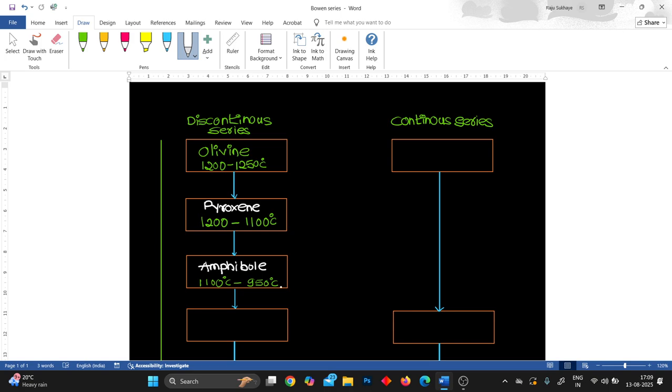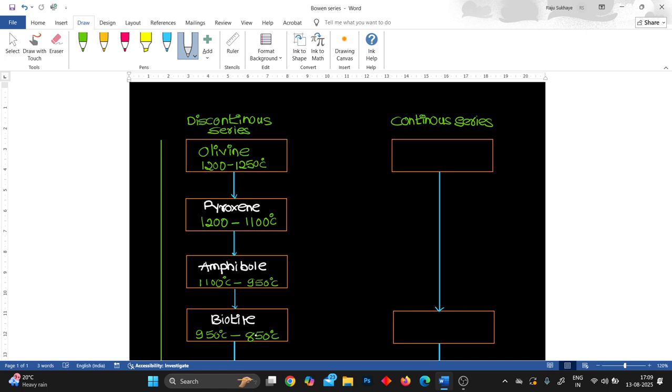So imagine the temperature goes even below 950 and keeps on reducing. At that time, between 950 to 850 degrees Celsius, the next mineral, which belongs to the mica group, known as biotite, is formed.